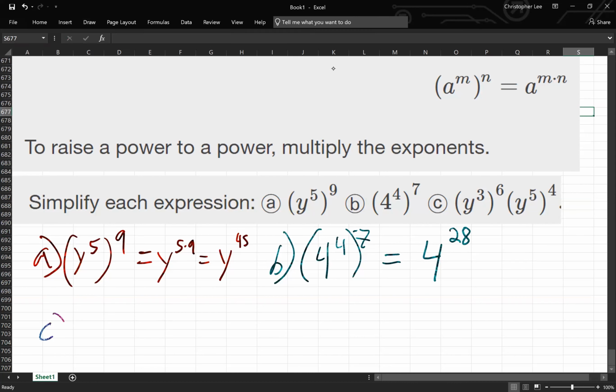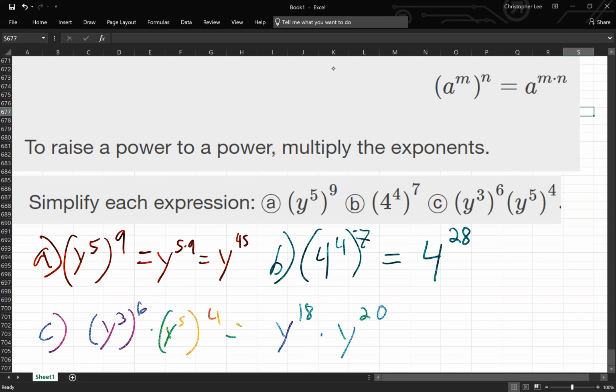So for C, I have y to the third raised to the sixth power times y to the fifth raised to the fourth power. Right? So whenever we raise a power to a power, we multiply. So this becomes y to the 18 times y to the 20.